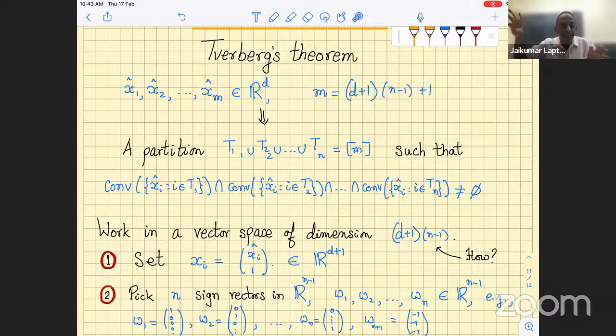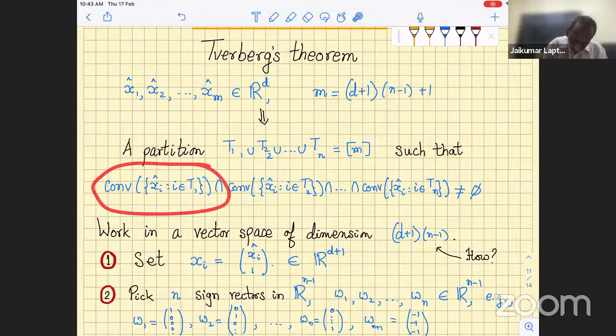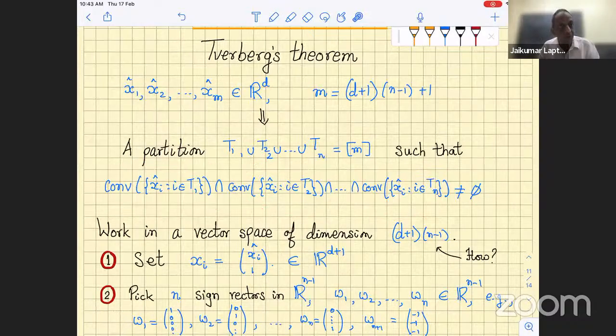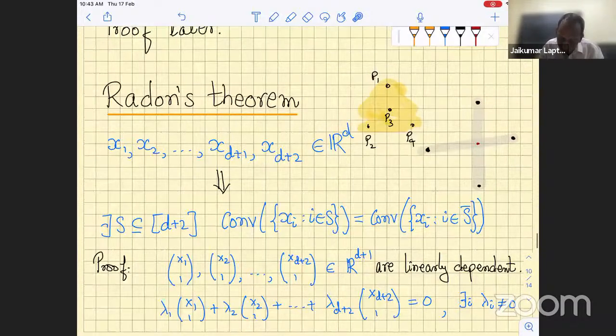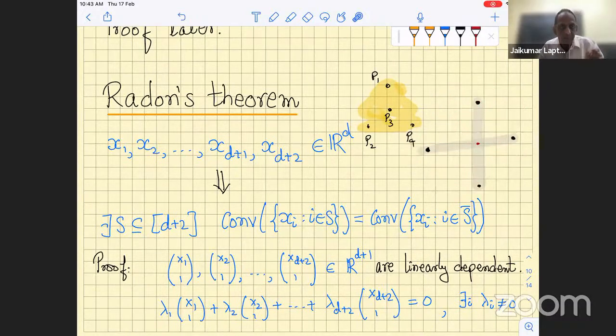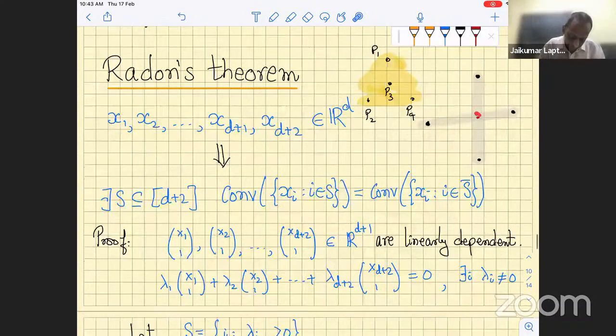I want to divide the points, partition them into n parts, so that if I take the convex hull of the first part or the convex hull of the second part or the convex hull of the last part, there is a point in common. They all have a point in common, just like here they had a point in common. Now we will have many sets, but n of them, so that they all have a point in common.